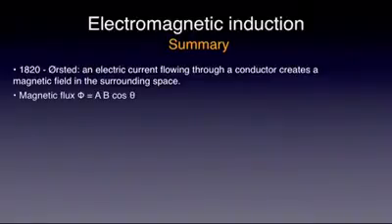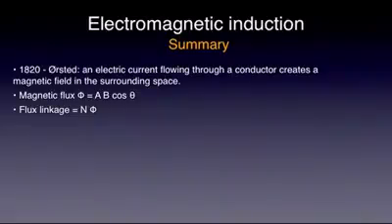The magnetic flux through a loop is defined as the area of the loop multiplied by the magnetic field strength multiplied by the cosine of the angle between the magnetic field vector and the line perpendicular to the plane of the loop. In the case of a coil with N turns, the flux linkage is defined as the number of turns multiplied by the magnetic flux through one loop of the coil.